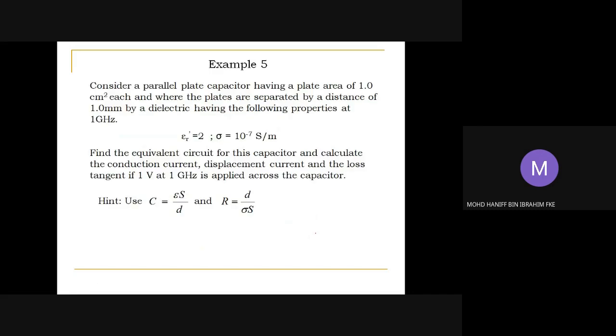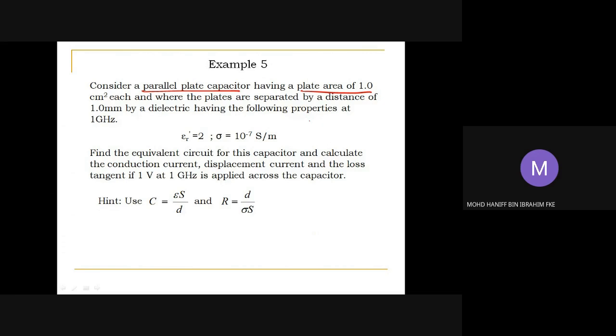Okay then, let's have a look at example number 5. We are given a parallel plate capacitor having a plate area of 1 centimeter squared, and the plates are separated by a distance of 1 millimeter by a dielectric having the following properties at 1 gigahertz.